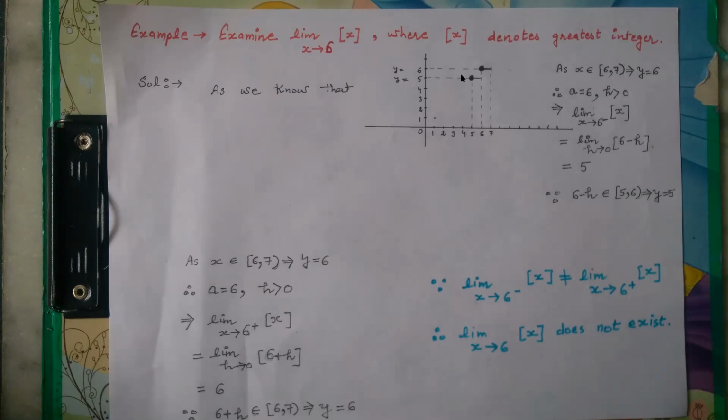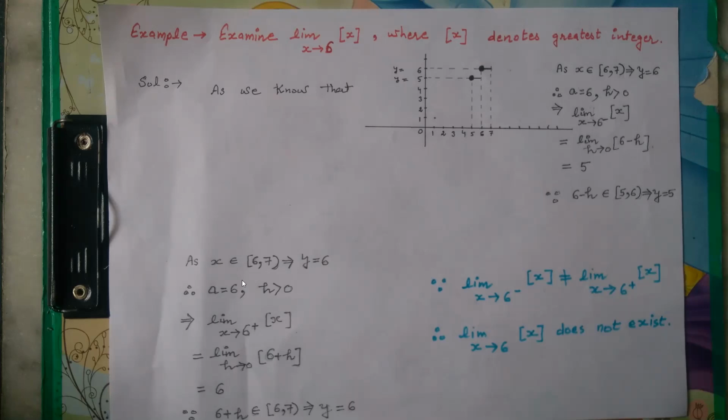This becomes this strip now. That is, x belongs to [5, 6), closed-open. Therefore, as x approaches 6 from the left-hand side, 6 minus h, the value of y is 5.